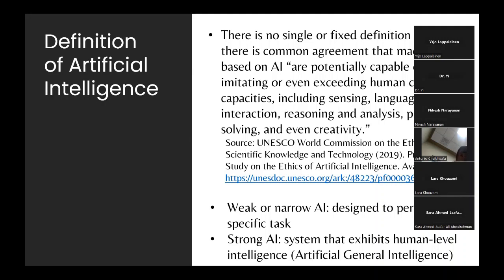This is usually divided into weak or narrow AI and strong AI. Narrow AI is designed to do a specific task, and strong AI would be like human level intelligence, and it could be used for many different purposes. Sometimes this is also called artificial general intelligence, or AGI.